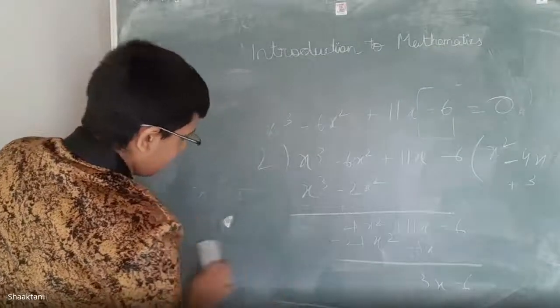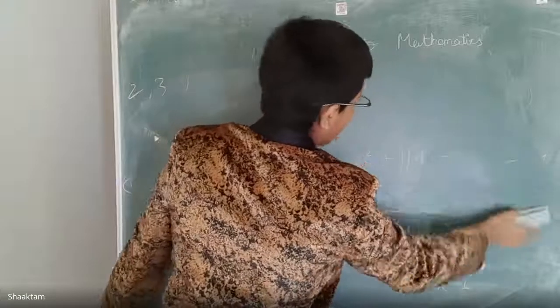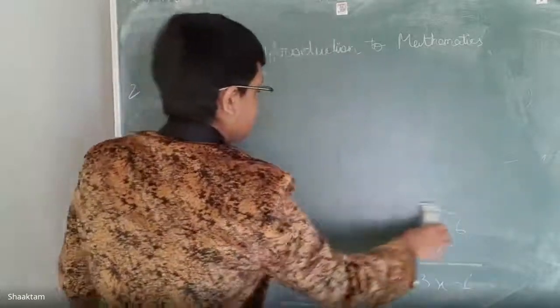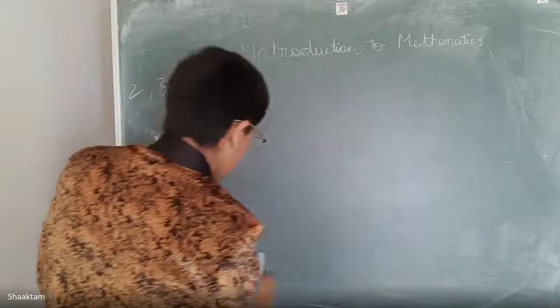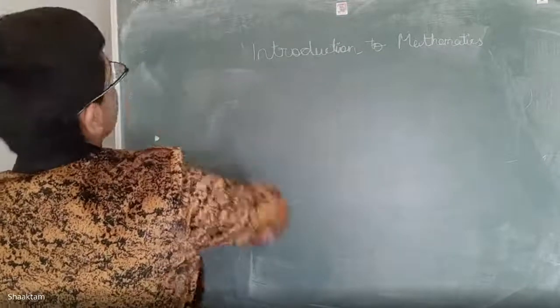Now this is for when it's x cube. But if you want others also, there's another way with which we can solve not only x cube, but any polynomial in x of any degree, with another method, which is known as the synthetic method.